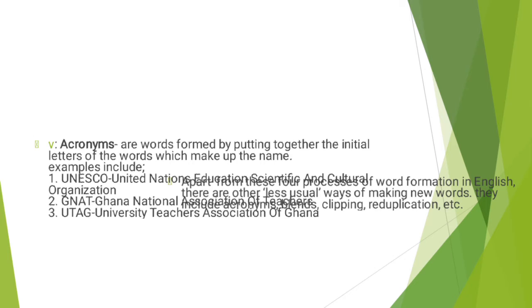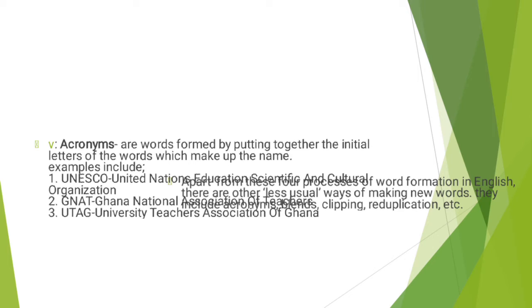Acronyms are words formed by putting together the initial letters of the words which make up the name. Examples include UNESCO, which means United Nations Educational, Scientific and Cultural Organization.